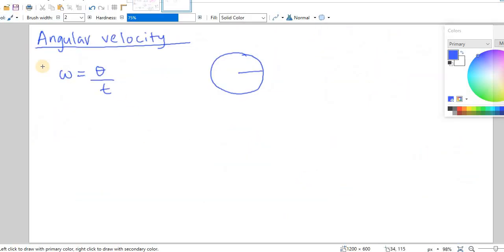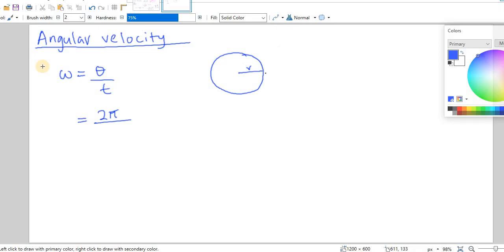Alright, so here I'll use a fresh page for this. Now let's say you know this equation already, you learned just now. Now if it starts here, let's say this is the radius of the circle, it goes like that, then it covers an angle of 2 pi radians, goes all the way around 360 degrees. So the angle it covers is 2 pi radians.